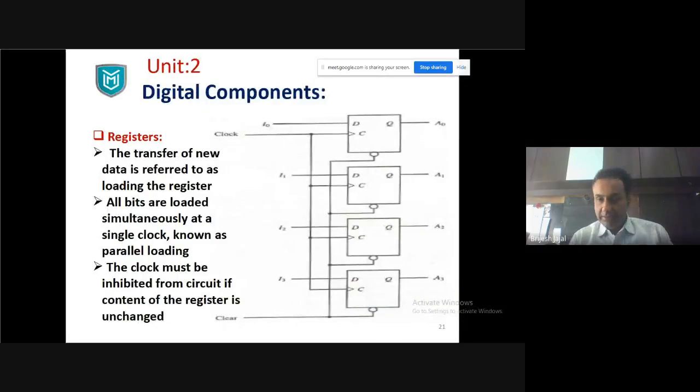Try to remember this diagram. I'll give you 2 minutes and then we can discuss. You have to show a 1 nibble register circuit to me. Switch on your camera and show it to me. All are ready? Keep your pen and paper ready and remember all the details of this circuit.